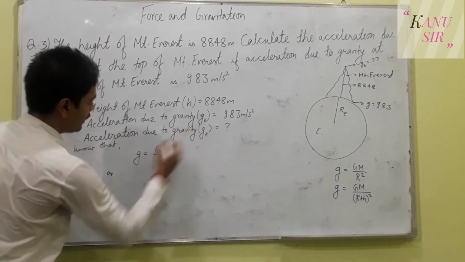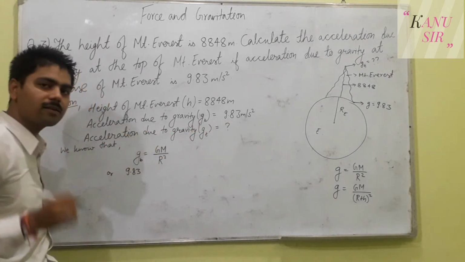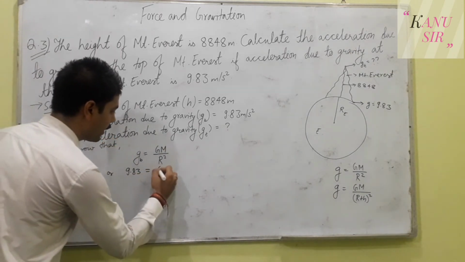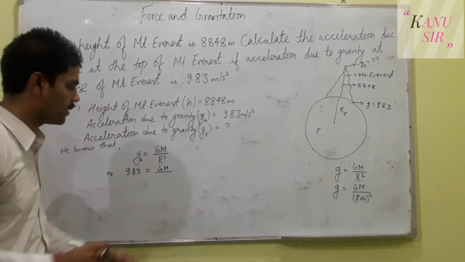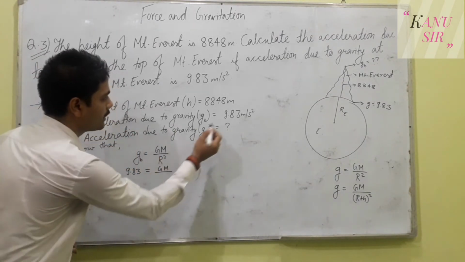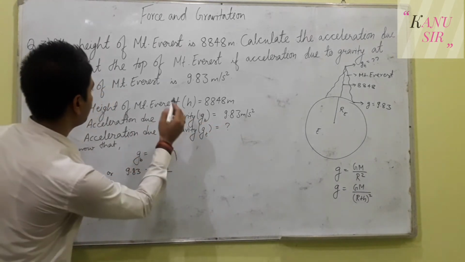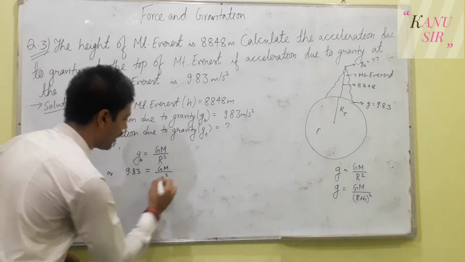Value of g is 9.83 because it is the acceleration due to gravity at the base, and G and M we will not write the values of, to make the solution easier here, and the value of r is not given to us, so we will also not write the value of r now.